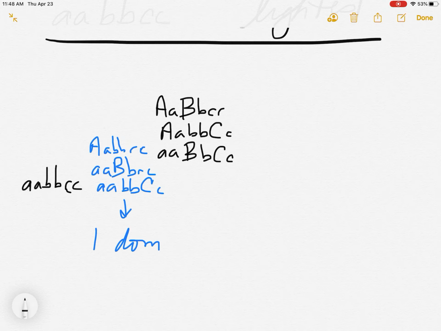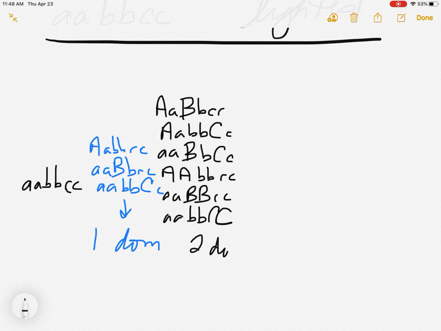Maybe you don't have any capital A. Maybe you have a capital B with a capital C. Or maybe you have 2 capital A's. That could also happen. Or maybe you have 2 capital B's. Or 2 capital C's. So this is with 2 dominant alleles, but there are 6 different situations.